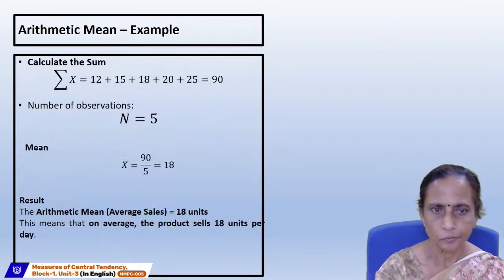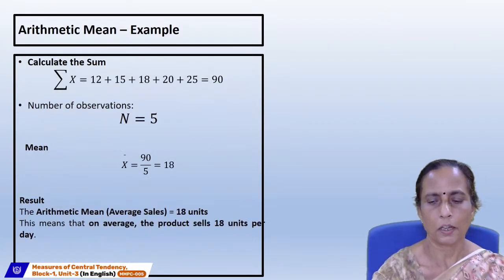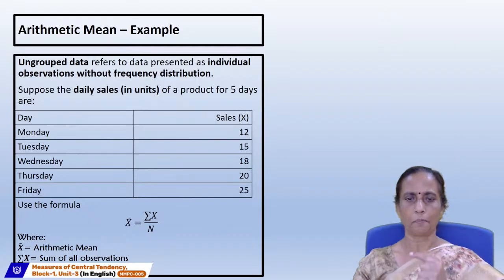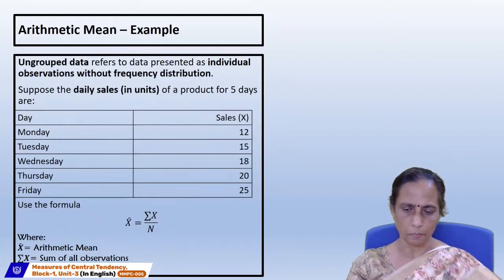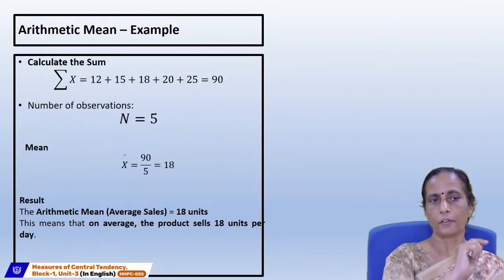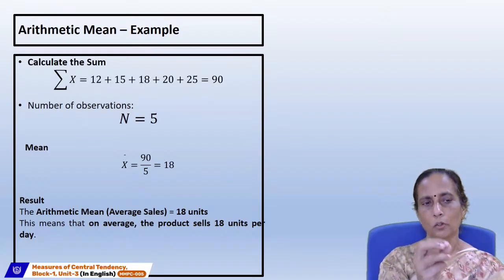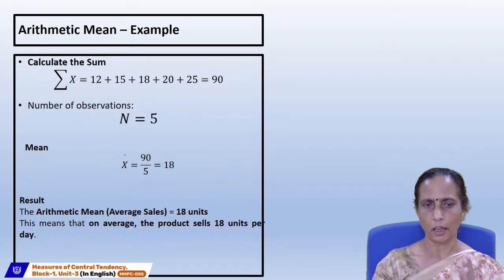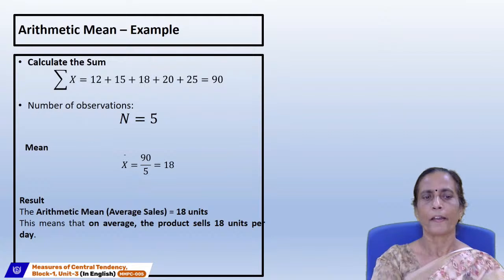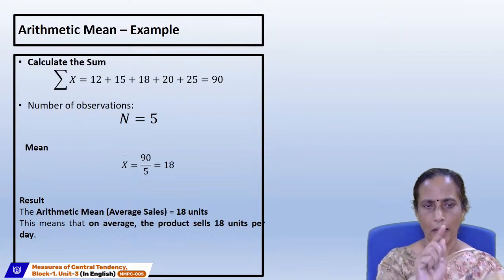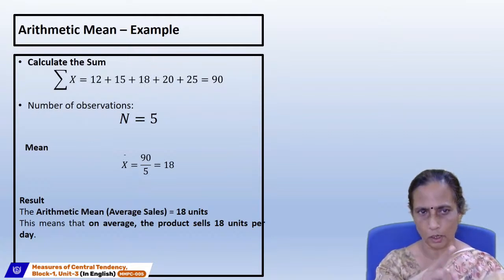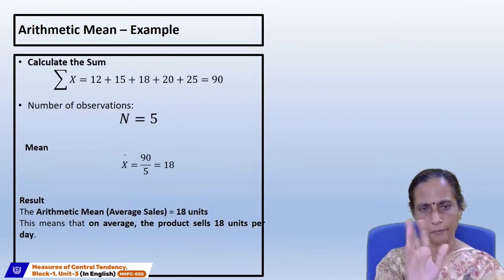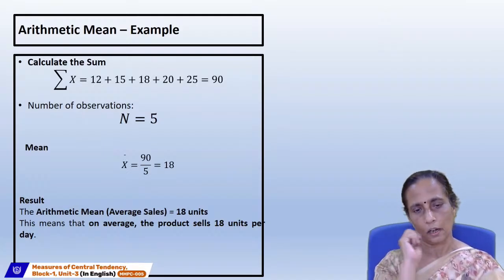That means we will be adding 12 plus 15 plus 18 plus 20 plus 25. That is our summation x, and the total number of observations that we have taken is Monday, Tuesday, Wednesday, Thursday, and Friday, that is 5. And mean, x bar, is equal to the summation 90 divided by 5, that is 18.